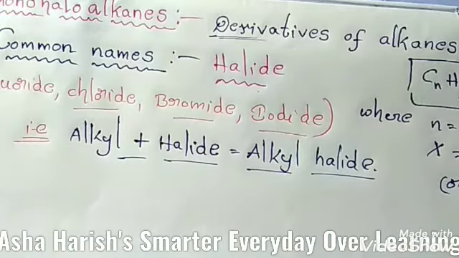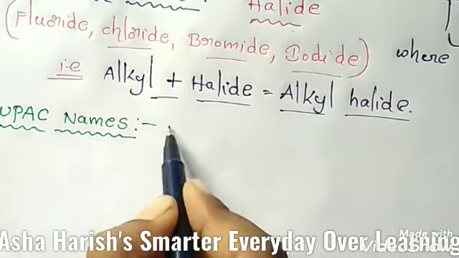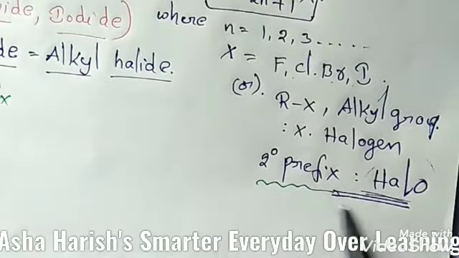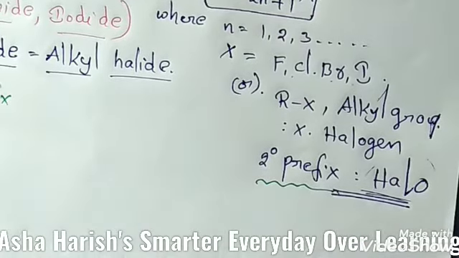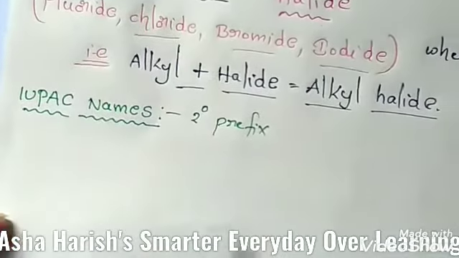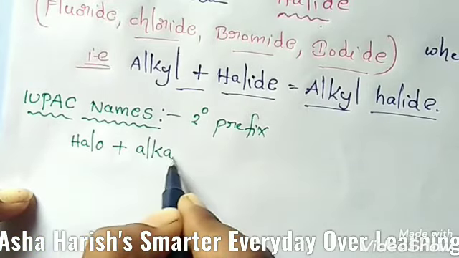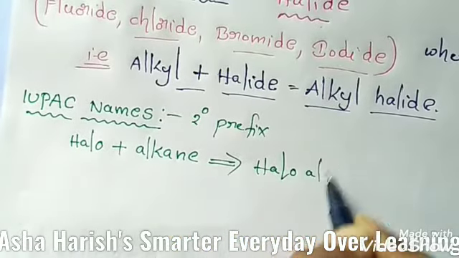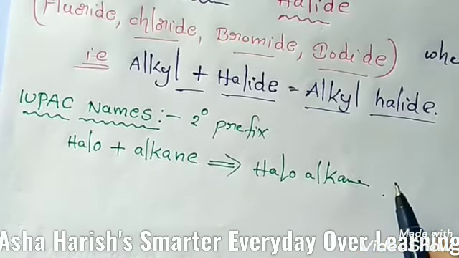Then IUPAC names. Let's see about IUPAC names. Already I told you the secondary prefix for this, that is halo. The secondary prefix halo we should add to the name of the corresponding alkane. If we add halo to any alkane, then students you get haloalkane.